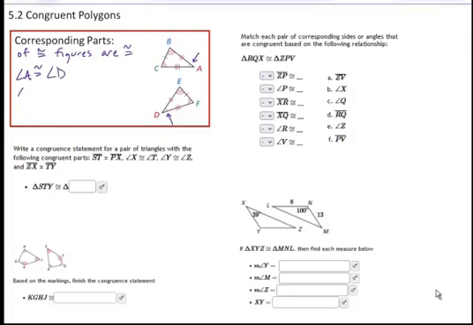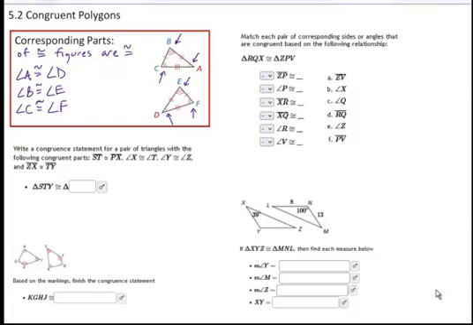If you look at angle B of the top triangle, what angle does that correspond to in the other triangle? E. And then finally, angle C is congruent to angle F, right? So you're finding how these pieces match up, and what you'll see is that the corresponding parts of these congruent figures are going to be congruent.